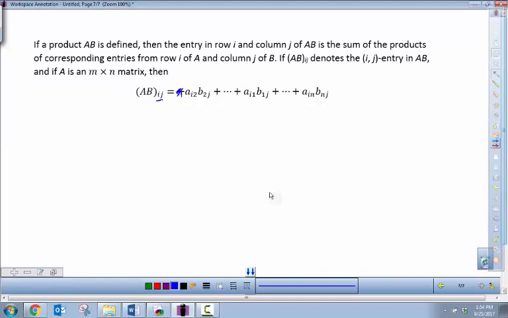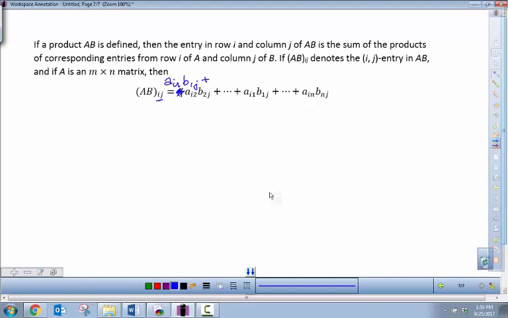I think I'm missing one. In the slides, it starts out with just a equals plus sign. Oh yeah, I copied it from the slides. A2, B2, so it's missing the first one. This is the first one. The column row matches.